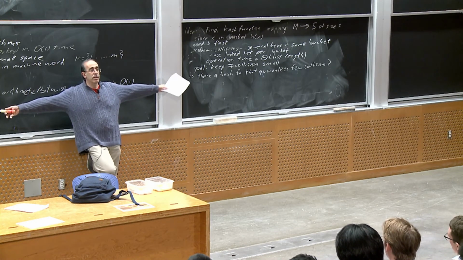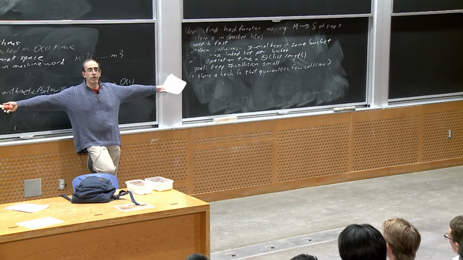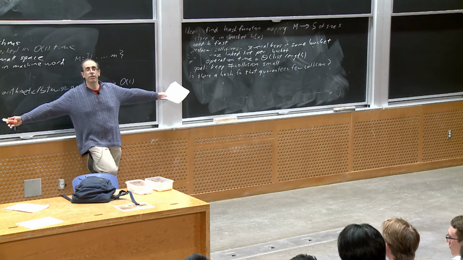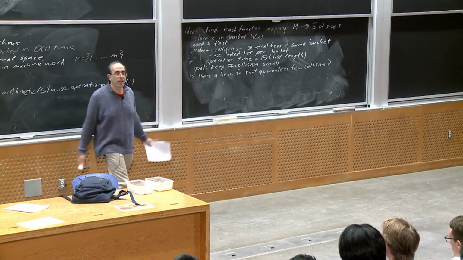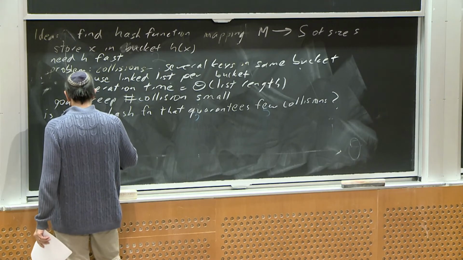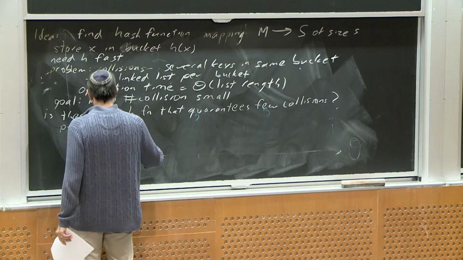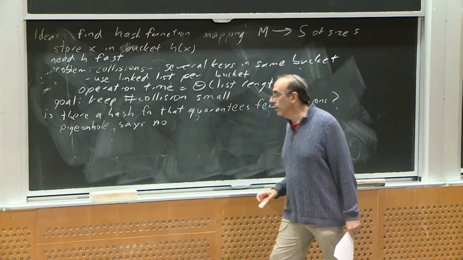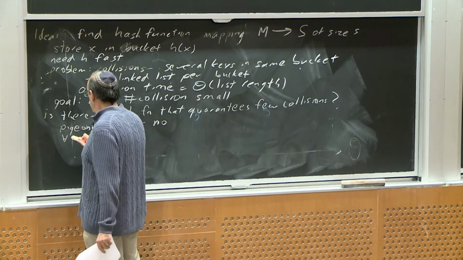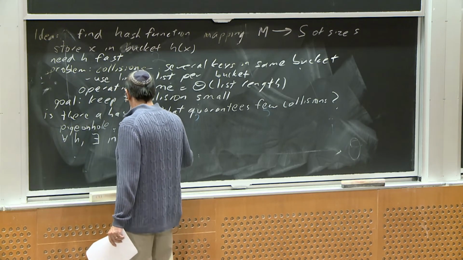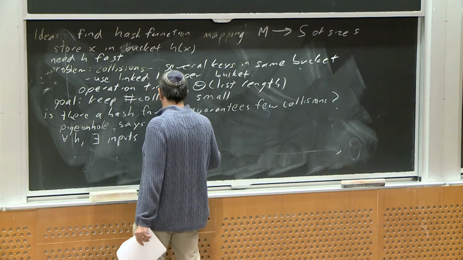So people who've taken 6042, what's the reason that there are going to be collisions no matter what function you use? Pigeonhole principle, right? So the pigeonhole principle says that for any function, there exist inputs that will cause many collisions.